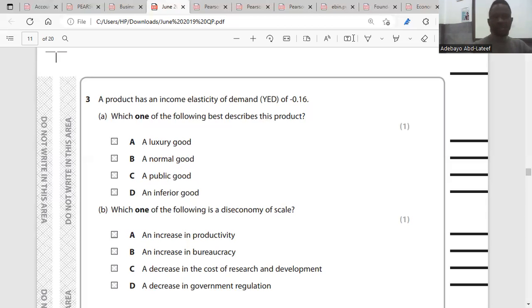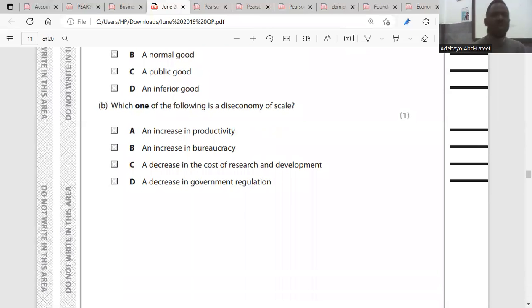So the next one, they said, which one of the following is a diseconomy of scale? A diseconomy of scale will occur when the average cost of production continues to increase during expansion. You are expanding your business, but you are witnessing an increase in the average cost of production. So what would have caused an increase in average cost of production here?